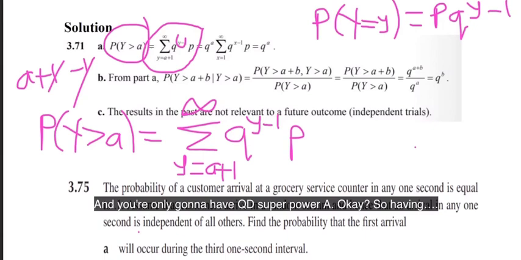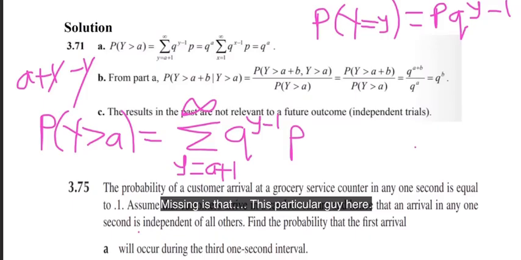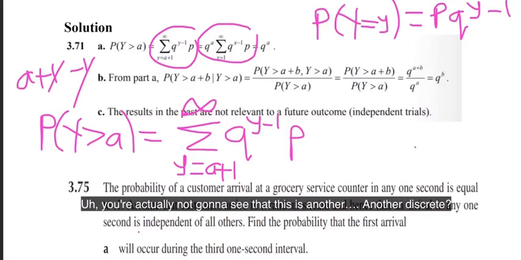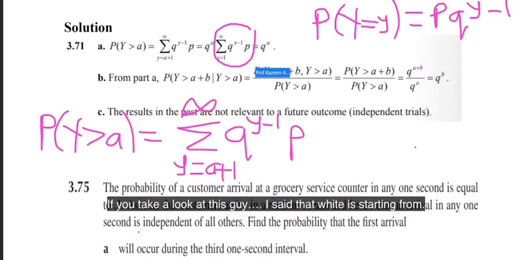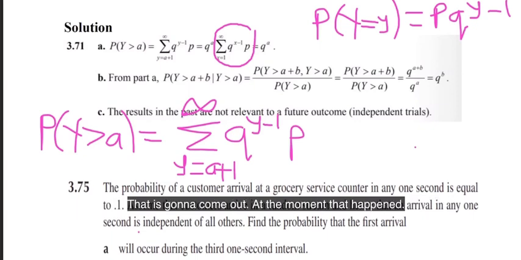What I'm trying to say in essence is that this particular sum is going to be the same as another discrete geometric sum, except that y is starting from 1 there, while here y is starting from a plus 1. This makes q raised to power a come out.